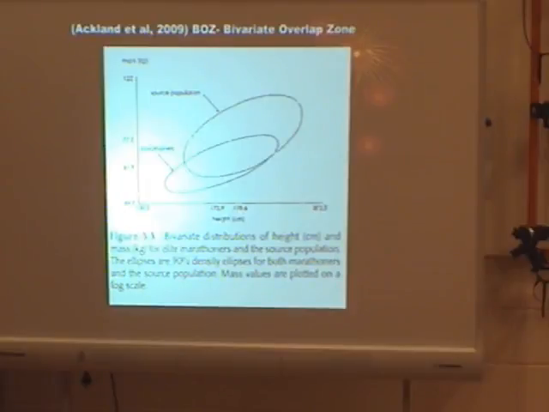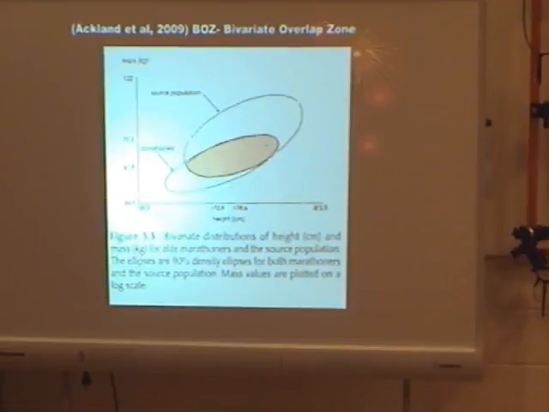What you can see is that these are plotted, so you've got mass on your y-axis and height on your x-axis. And what they did is they plotted the source population. Let's keep continuing on with the Darwin example. If this is 90% of the population of Darwin, and you take the marathoners, this would be where the marathoners fit compared to the source population.